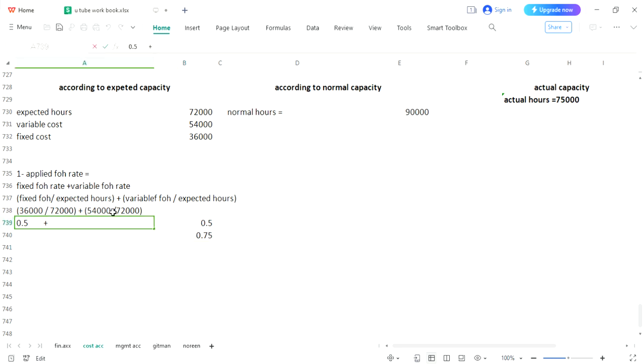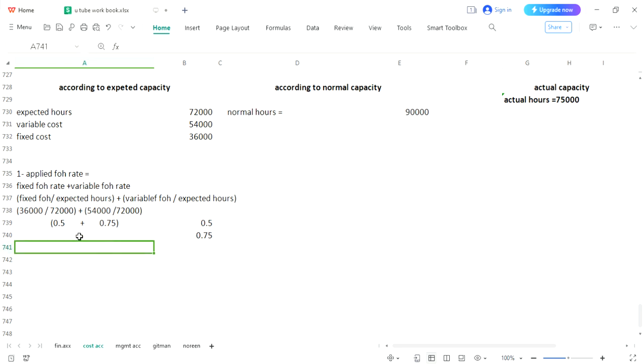So in this way, 0.75. Both rates are calculated over here. First rate is fixed FH rate and then we have variable FH rate. By adding both we can get the total applied FH rate, but keep in mind that since we have used expected capacity, the rate would be called applied FH rate based on expected capacity.